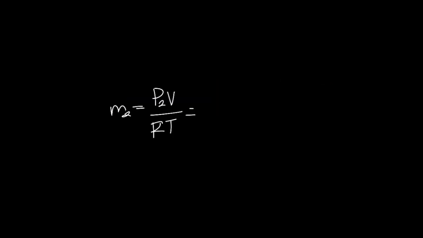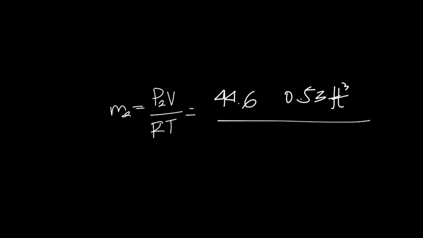After that, we're going to solve for mass 2. Our pressure 2 is 44.6 psi and our volume is 0.53 cubic feet and our gas constant of air is 0.3704 times the temperature, which is 550 Rankine.